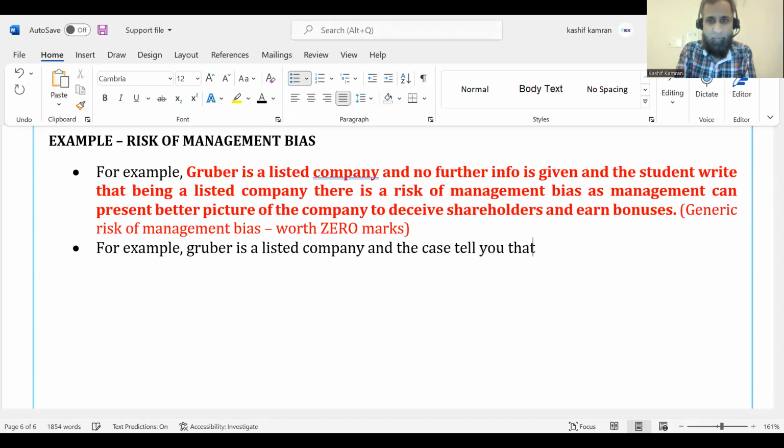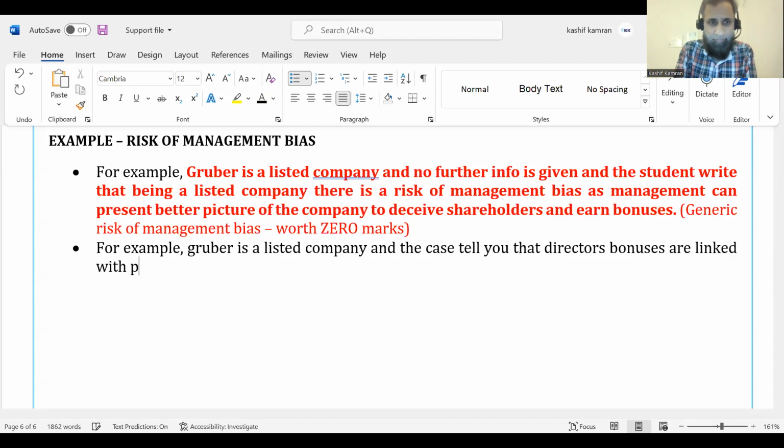that directors' bonuses are linked with performance, including growth in profit and revenue. Directors' bonuses are linked with performance, including growth in profit and revenue, full stop.